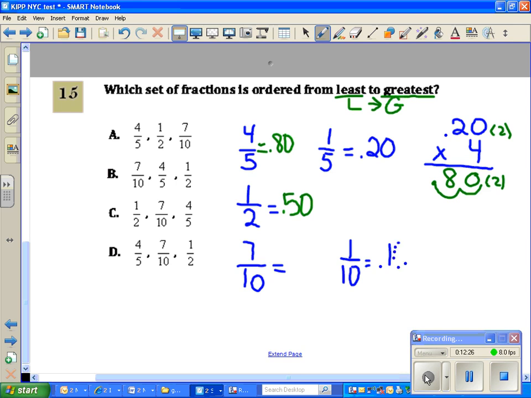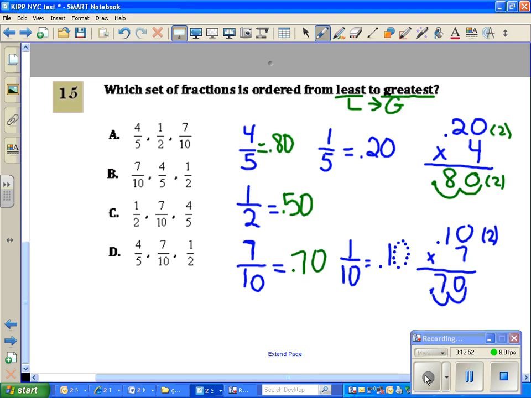We can put our invisible decimal in here. And the numerator is 7, so I need 7 of those 10 cents. So 10 cents times 7. If I have 7 dimes, I have 70 cents. Just to make sure I'm going to move my decimal. So I get here 70 cents.